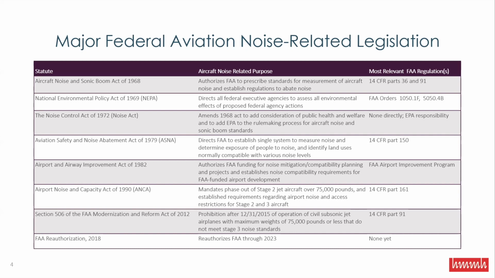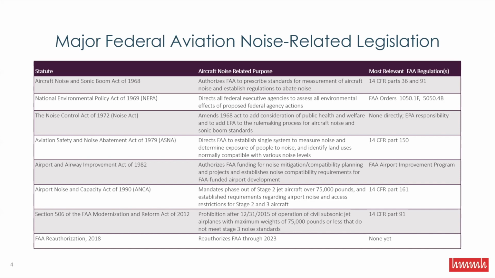However, it wasn't until the Airport and Airway Improvement Act of 1982 that there was any funding available for implementing these airport land use compatibility or airport compatibility planning studies. And so it was really not until 1982 that the funding was in place, which is known as the Airport Improvement Program today, and it's still in existence today.